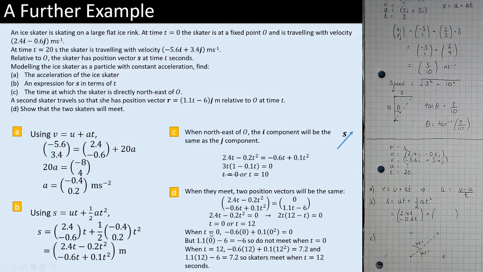So when t equals 0, it obviously works for the top one, because that's how we got the value t equals 0. But when we substitute it into the bottom one, we would get 1.1 times 0 take away 6, which isn't the same as the other side, because that will just be equal to 0.